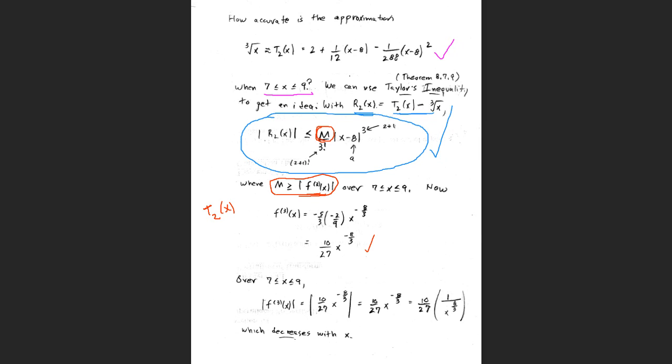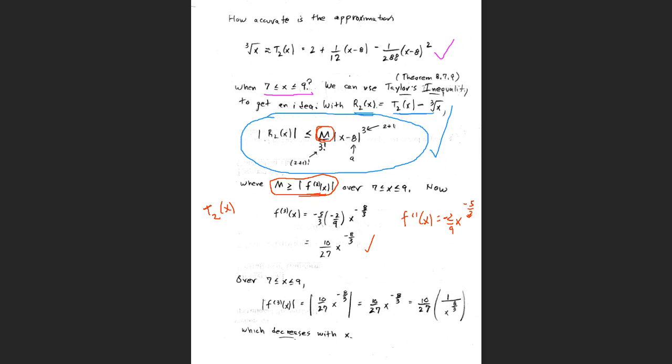We knew the second derivative was negative 2/9 times x to the negative 5/3 power.